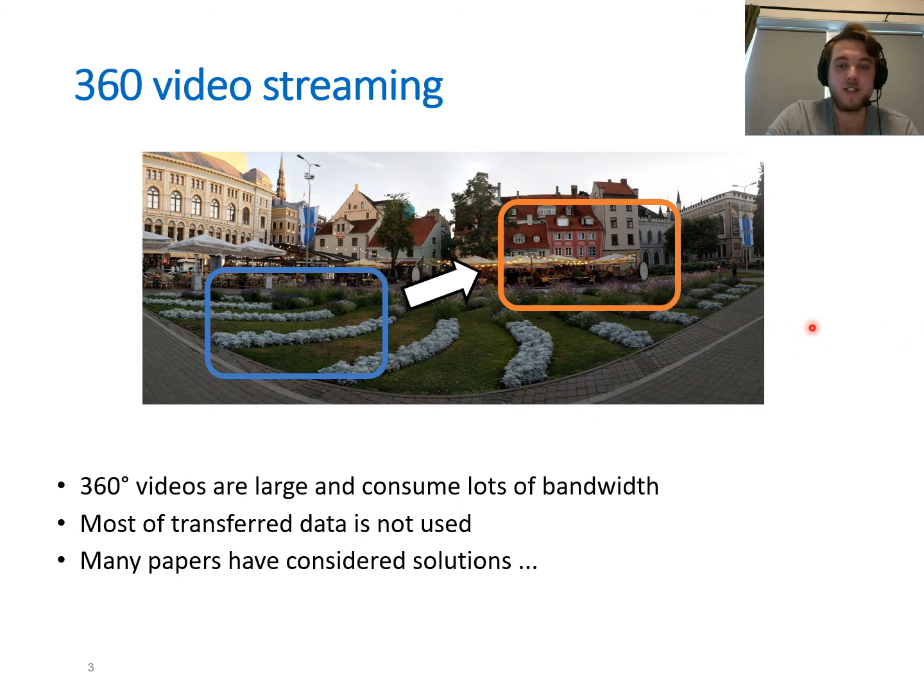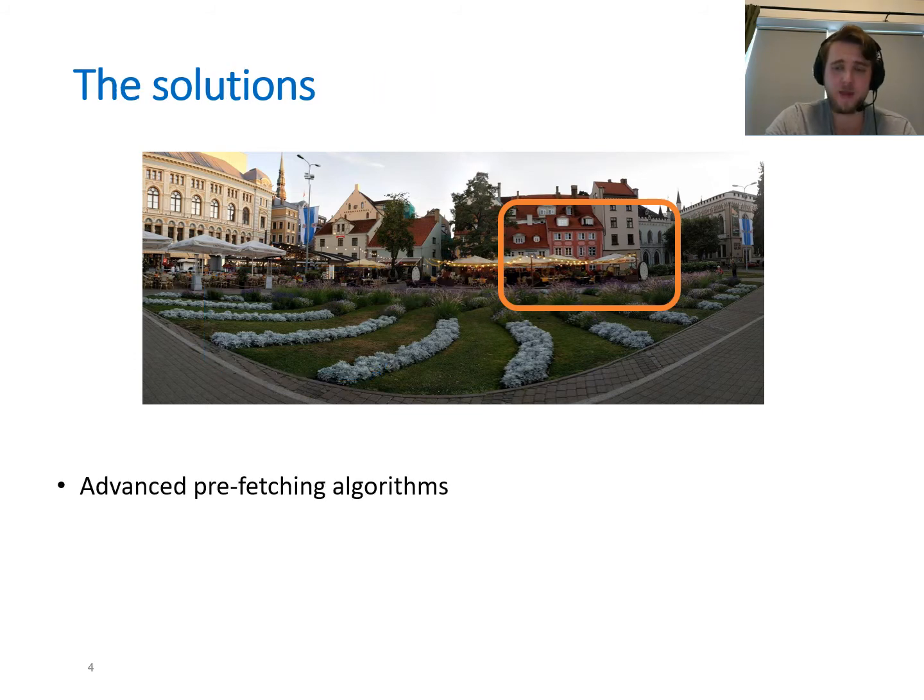A lot of papers have considered solutions for this, and they mostly include advanced prefetching algorithms, and specialized video encoding that allows you to have separate videos where some areas of the video are in low resolution while you have an expected quality enhanced region that has the highest or higher resolution.